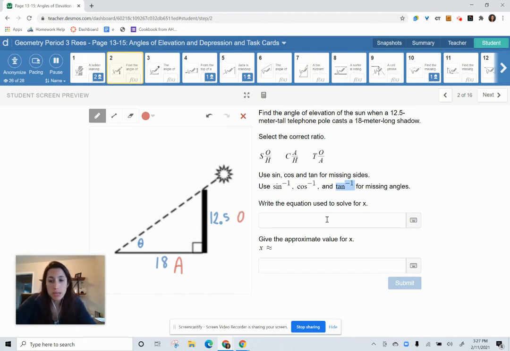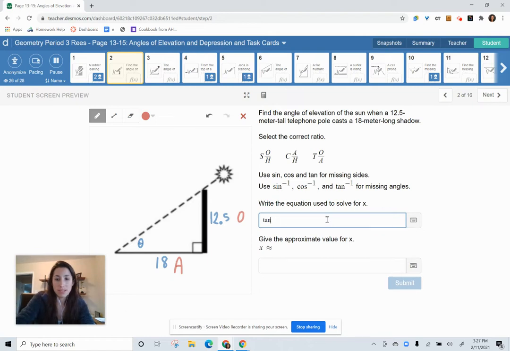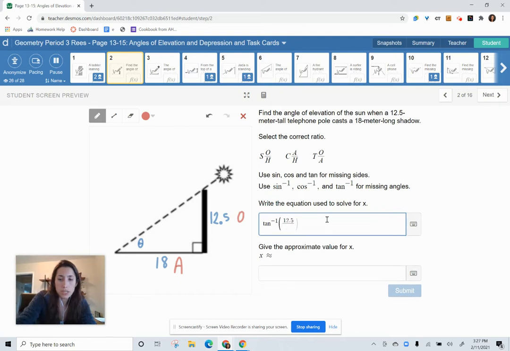So I can type that in here, inverse tan of, or I know I saw some of you just write tan -1. That's fine. To get the exponent, you could do a little caret symbol on the 6, like shift 6, tan -1, and then in parentheses, we would say 12.5 opposite over adjacent 18.